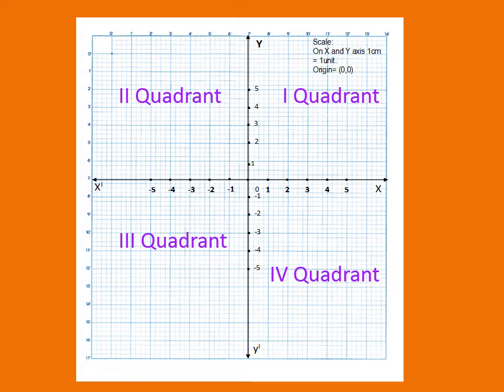Similarly, the third quadrant has both x-axis and y-axis negative, so both the x coordinate and y coordinate of the point will be negative. Similarly, in the fourth quadrant, you have positive x-axis and negative y-axis, so the coordinates will be what? Plus x comma minus y.